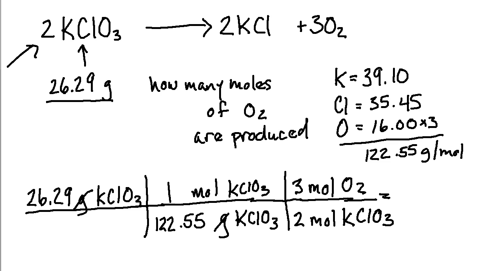What I do know is that for every 2 moles of potassium chlorate, I get 3 moles of O2 based on those coefficients. And so what I work with here, I say, all right, moles of potassium chlorate will cancel out, and then I'm going to have the 3/2 here, right? So if I run through and I multiply and divide all of this, I'm going to keep 4 significant figures because that's the original value that was given to me.